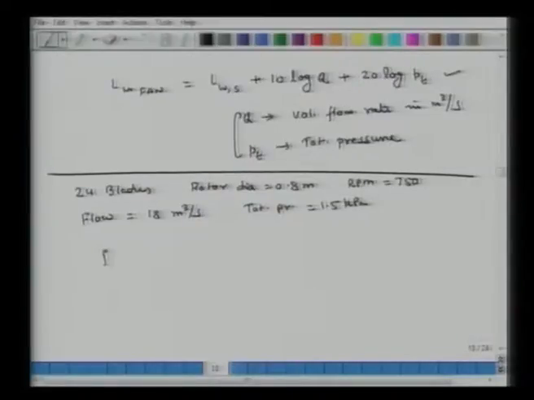So, my FB is what? 750 times 24 over 60, that is 300 hertz.